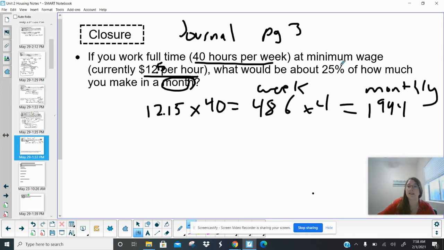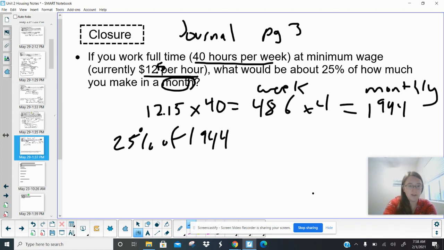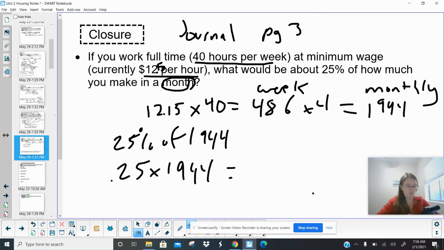So let's go ahead and see then how much you could budget to move out on. So take 1944, take 25%, go ahead and do that. So 25% of 1944, I know that 25% divided by 100 is 0.25, of is multiply times 1944. So 0.25 times 1944.